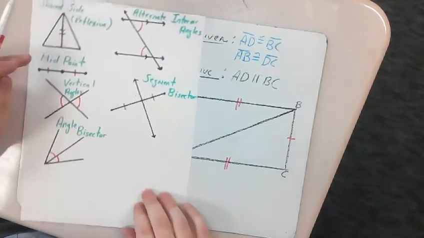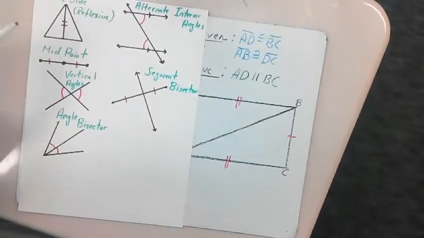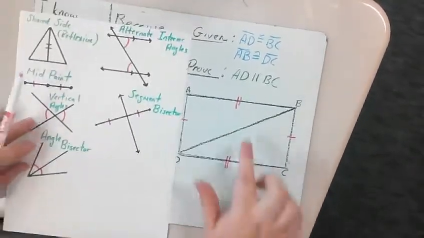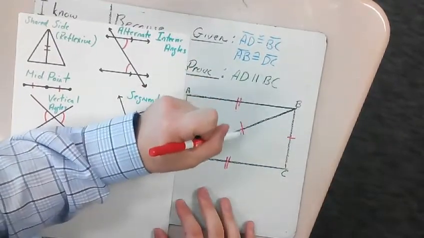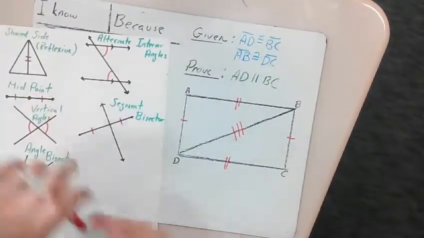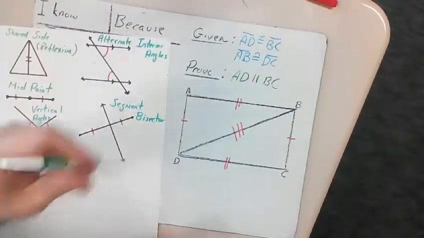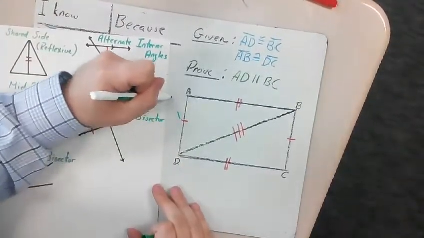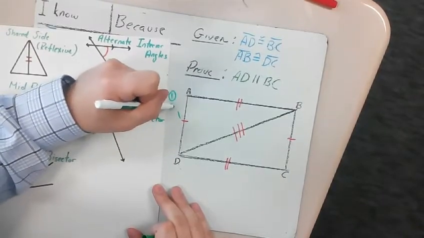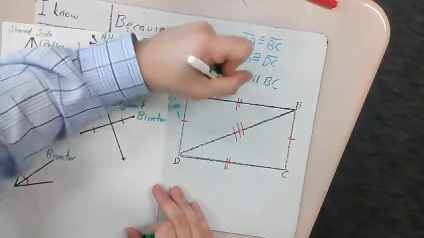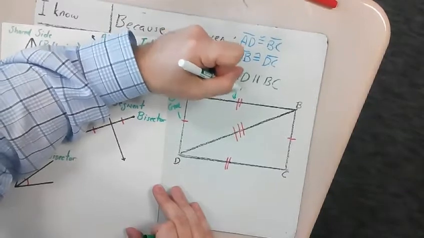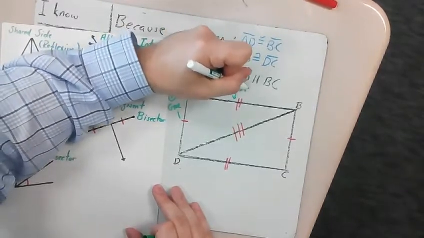So here I look at my rules, right, and I have a shared side. So I'm going to use my shared side right here. All right, so now I'm going to just label my lines real quick before I move any further, and I'm going to say this is line 1, and that's given. I'm going to make this line 2, and that's given.